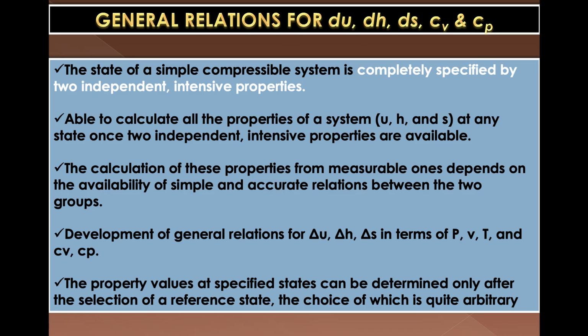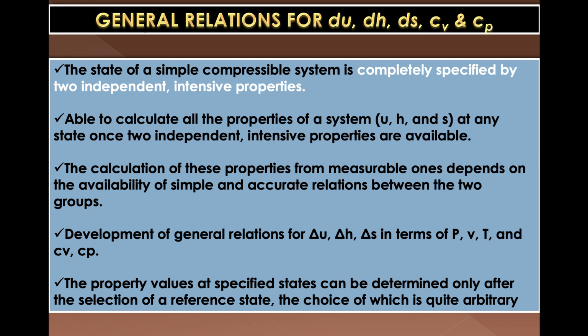Okay, next one is the general relations for dU, dH, dS, Cv, and Cp. The state of a simple compressible system is completely specified by two independent intensive properties, like previously discussed. It is possible to calculate all the properties of a system, U, H, and S, at any state once two independent intensive properties are available.